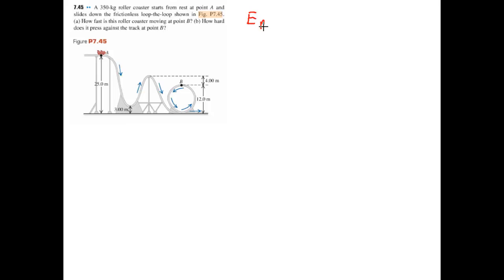So what we can say is the energy at A must be equal to the energy at B. We can talk about two types of energy here. We don't have any springs, so we can talk about the kinetic energy at A plus the potential energy at A must be equal to the kinetic energy at B plus the potential energy at B. We can make this problem a little bit easier by defining point B to be my 0 point, so y naught is equal to 0.